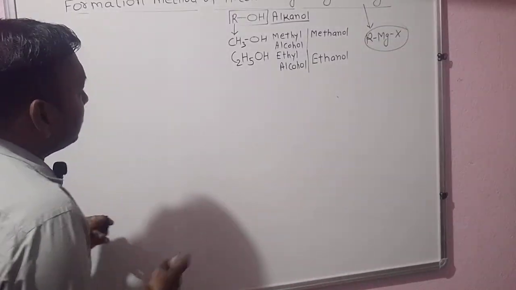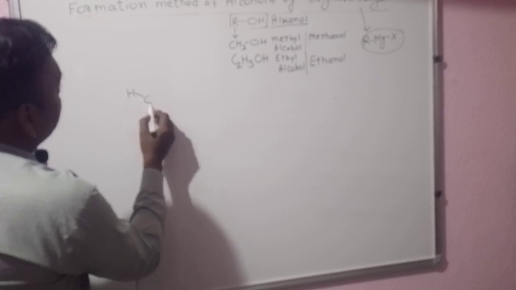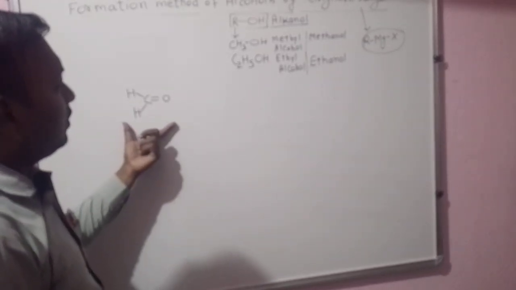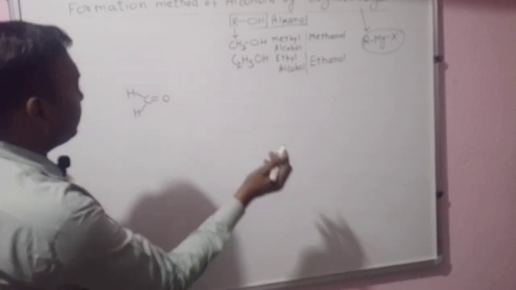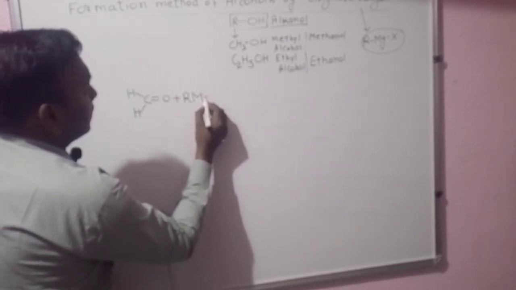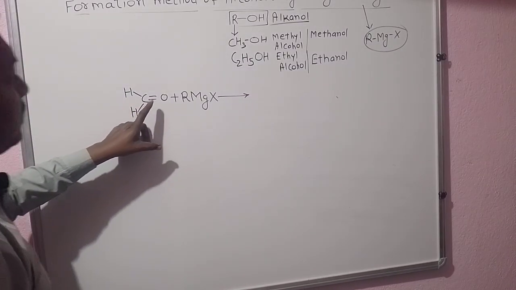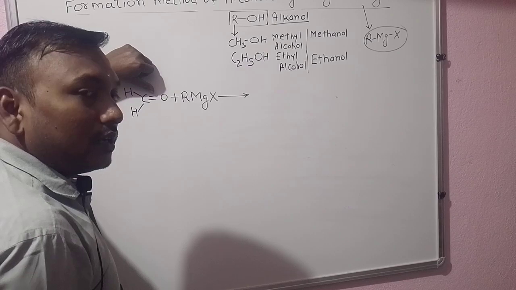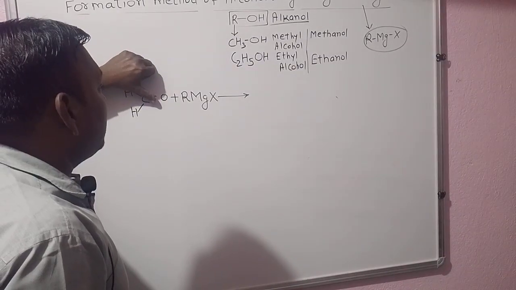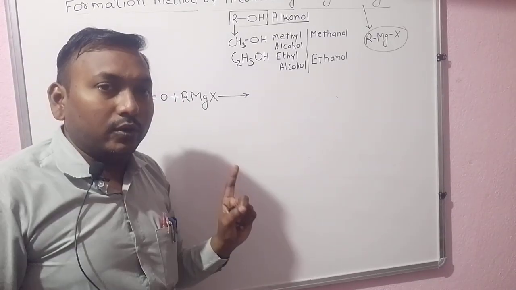So first we see how we can get 1 degree alcohol. When we take formaldehyde and react it with RMgX, the Grignard reagent, what happens? As we know, in 11th class we read that in a double bond there is a single bond and a pi bond.